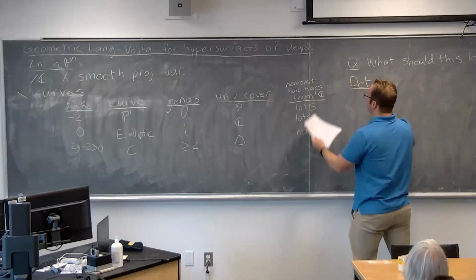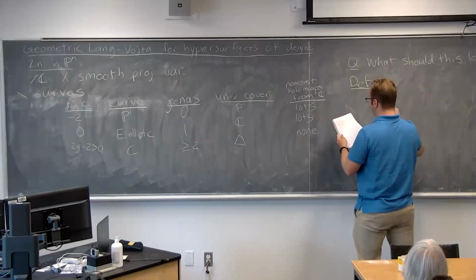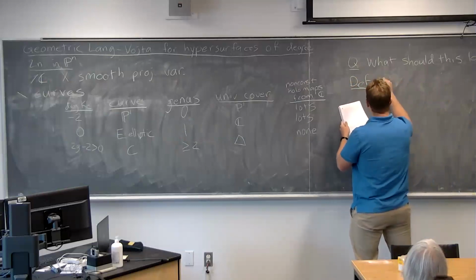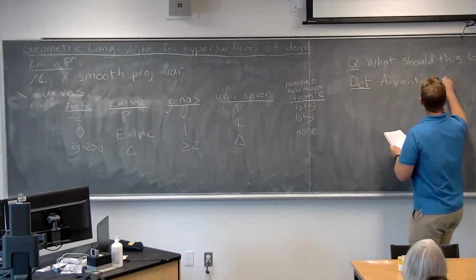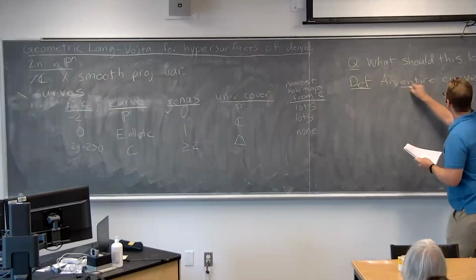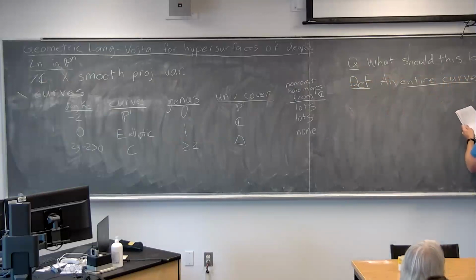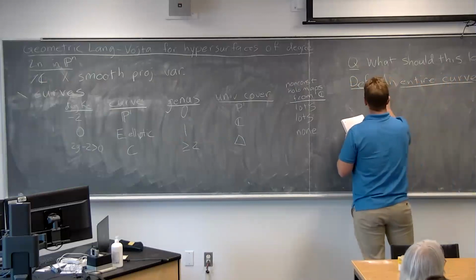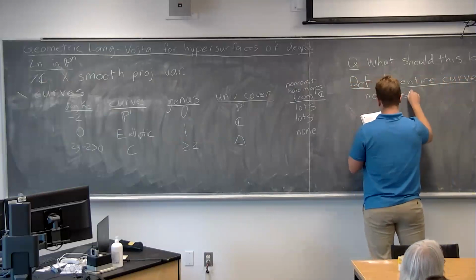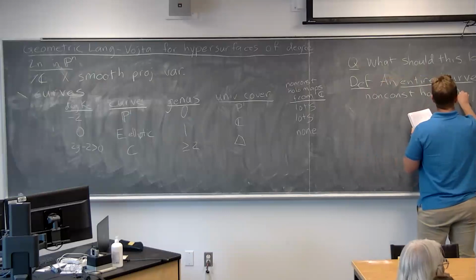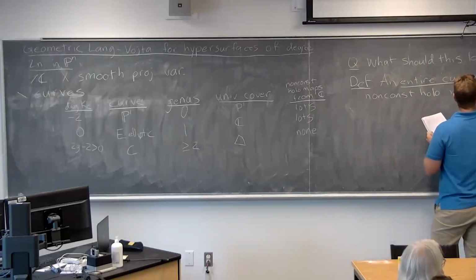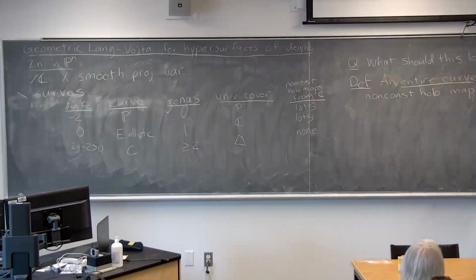Here, I'm talking about non-constant holomorphic maps from C. I'm going to call those entire curves. So an entire curve is a non-constant holomorphic map from C to a variety X.